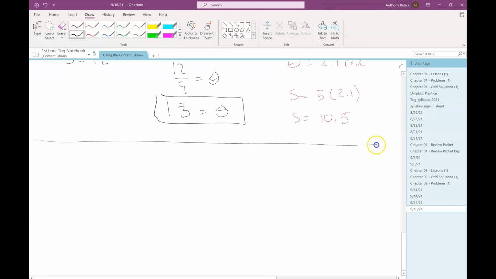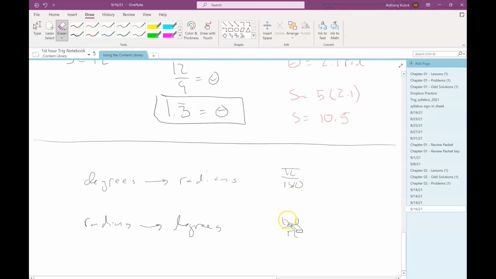The next question there was about just converting, right? So if I want to go degrees to radians, my conversion factor is pi over 180. If I want to go radians to degrees, it's 180 over pi.